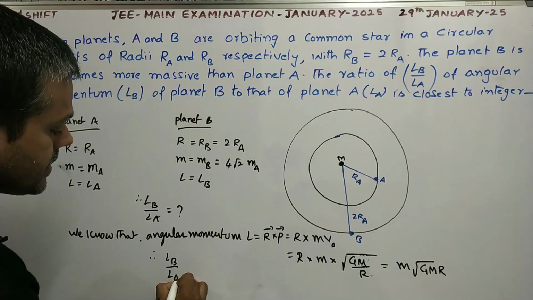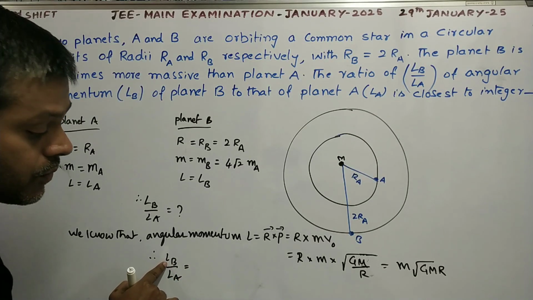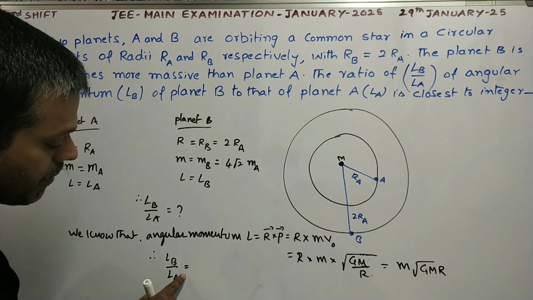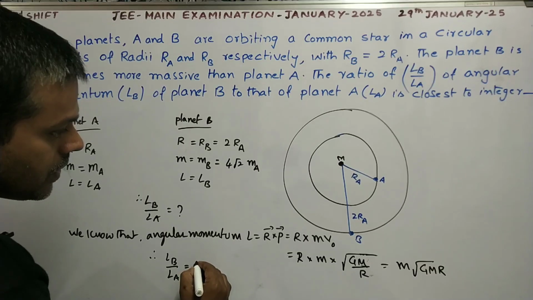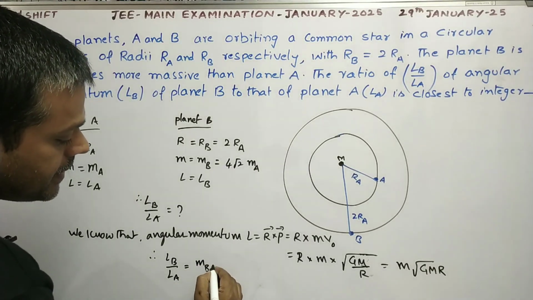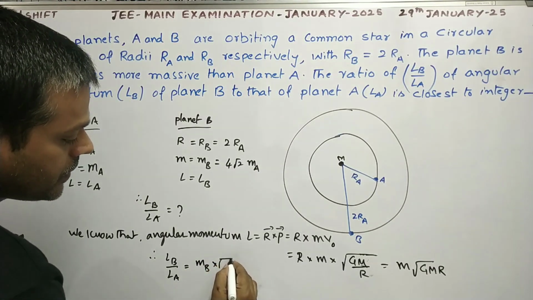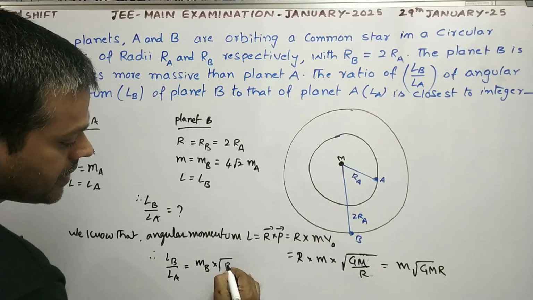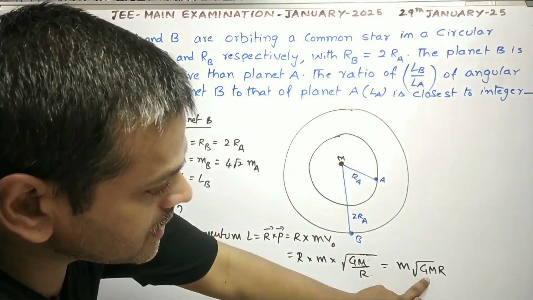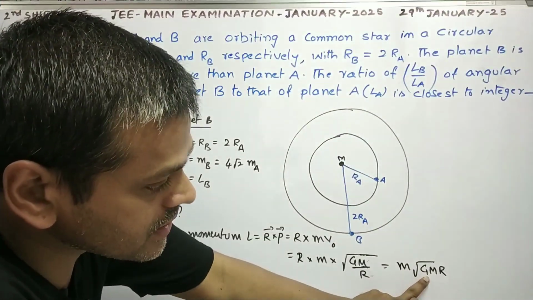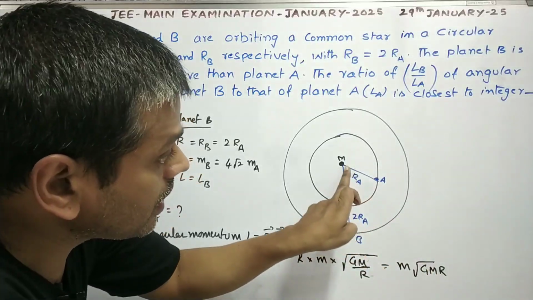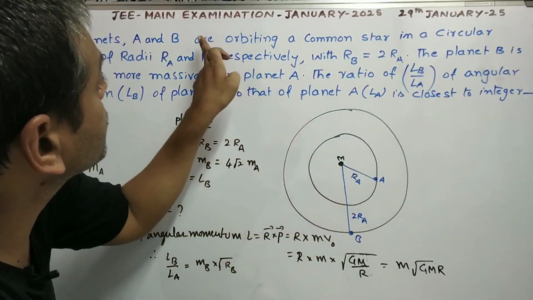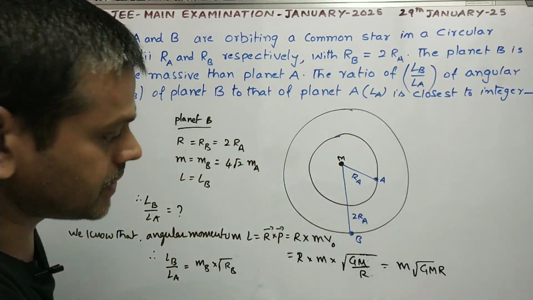Therefore LB by LA, which is required, the ratio of angular momentum of planet B to planet A, is equal to MB into root RB by MA into root RA. Why? Because G, the universal gravitational constant, is common, as well as the mass of the common star.